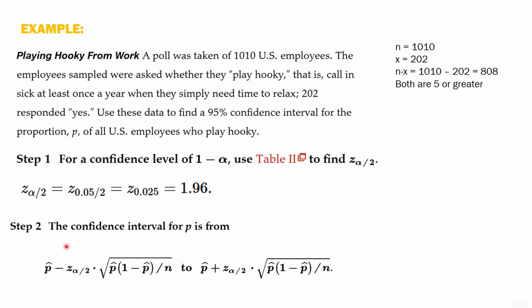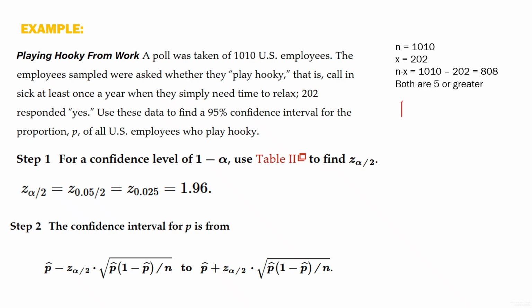Okay, and then the confidence interval for P is from, and this is just the formula here. Now, before I show all of the answers for it, though, I want you guys to take a step back. What is P hat? Write P hat up here and write out what the equation is. You need to find all of this stuff before you go forward with the actual equation.